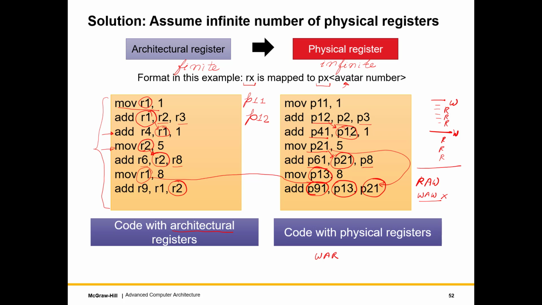So just take a look at this. For R1, the read is using P12, and after that we are writing to R1 again, which is this version P13. So there is a write after read dependence over here, but this is not causing an issue because these are actually separate avatars.